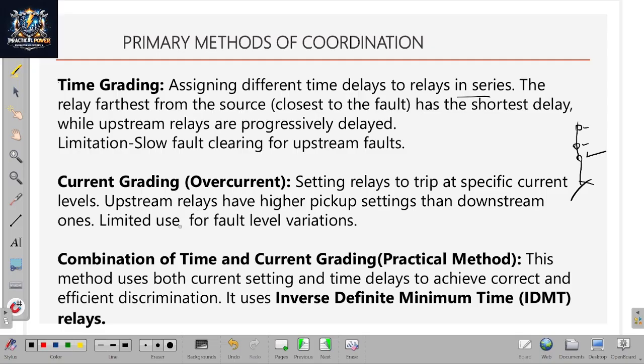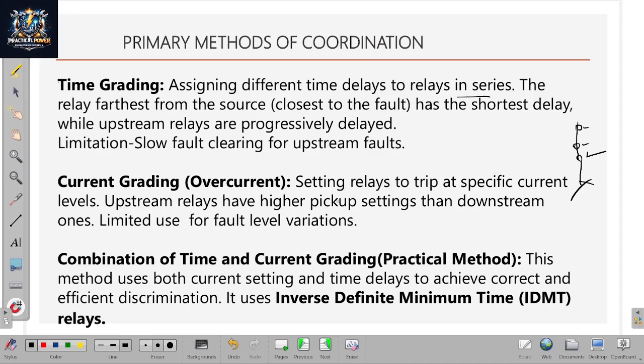Then current grading. Current grading is setting relays to trip at specific current levels. The relay should sense and trip at the specific current.